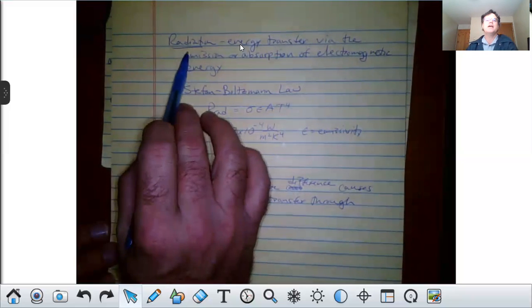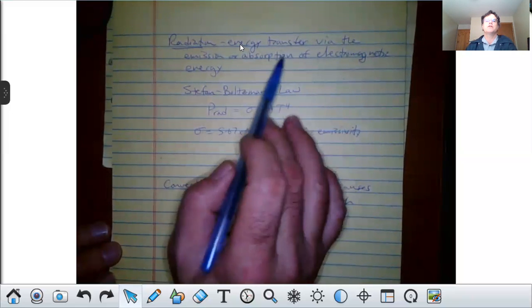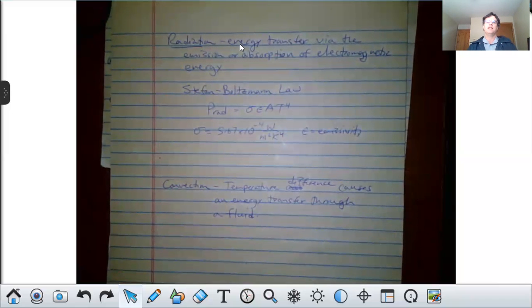One of the others is radiation, which is energy transfer via the emission or absorption of electromagnetic energy. So for example, if you go out on a sunny day, you are absorbing radiation, light, which is really an electromagnetic wave. You're absorbing heat from that sunlight, and your temperature will generally rise.